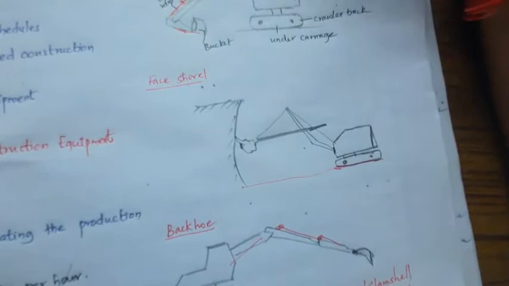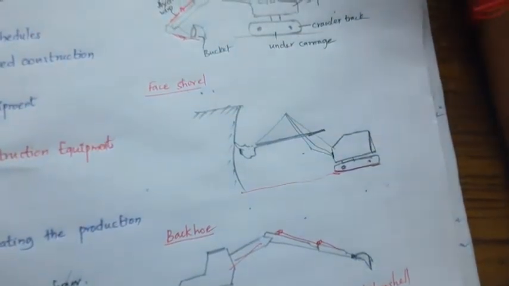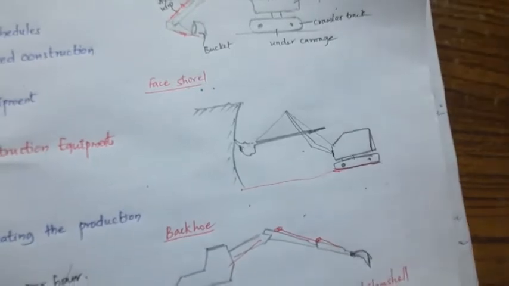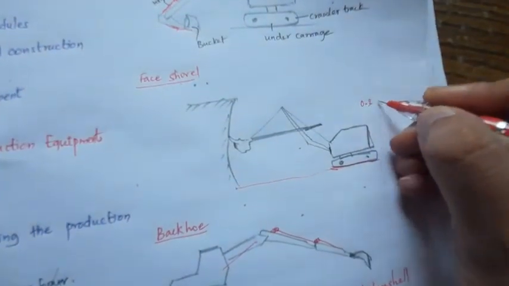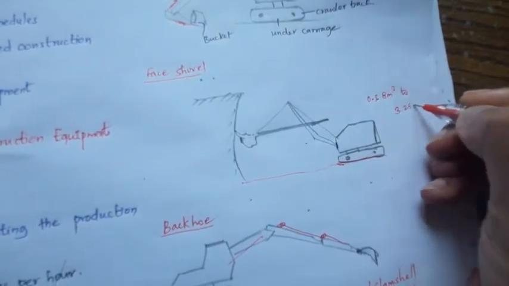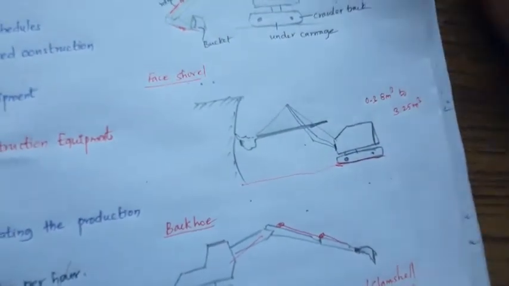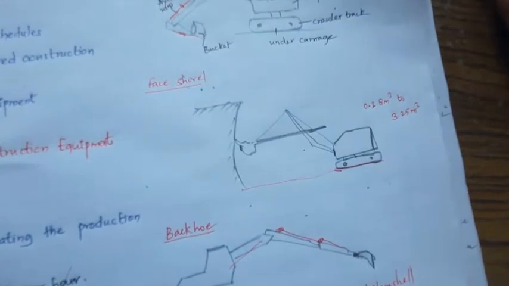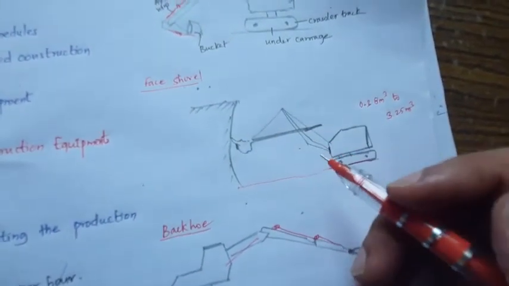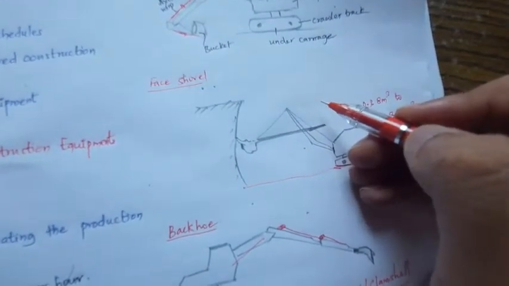You have to remember this. The struck bucket capacity of the face shovel varies from around 0.38 meter cube to 3.5 meter cube, depending upon the size of the machine, and its length varies around 7 meter to 5 meter.